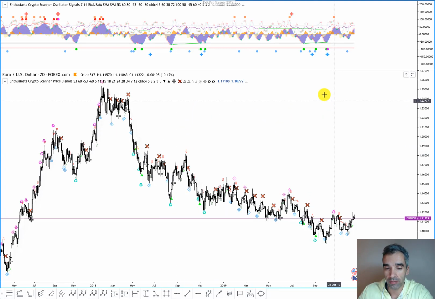You can only use it on TradingView. So we can use it on ETFs, on stocks, on bonds, on commodities, you just name it. As long as it's possible to see it on TradingView, this indicator can be used.